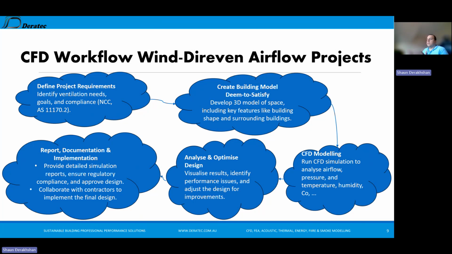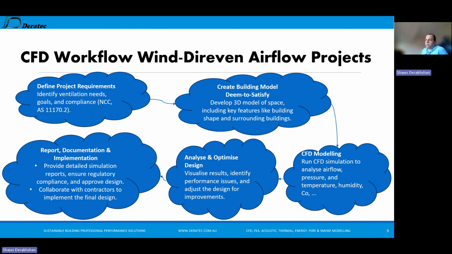This is again how you can define it. Creating geometry is important, so you need to get the most accurate drawings or data parameters possible to create the building model. Then safety modeling, running the safety analysis, airflow, pressure.